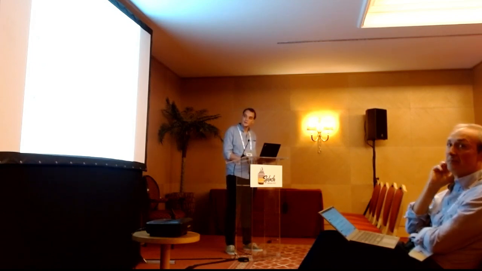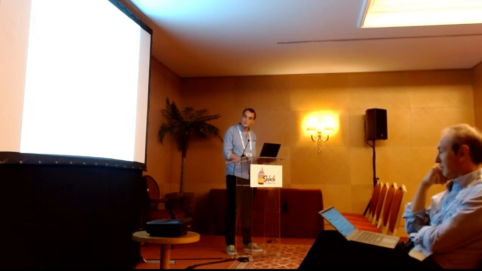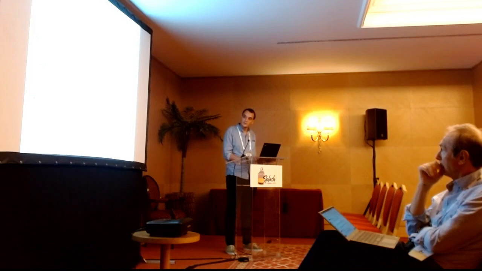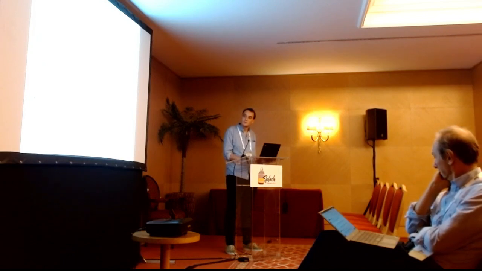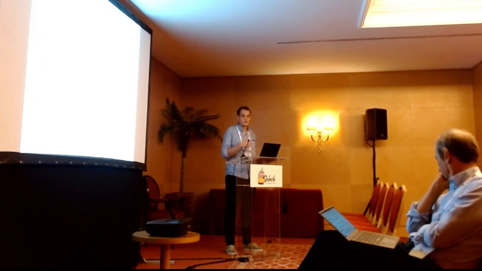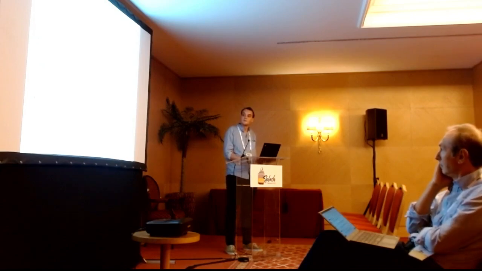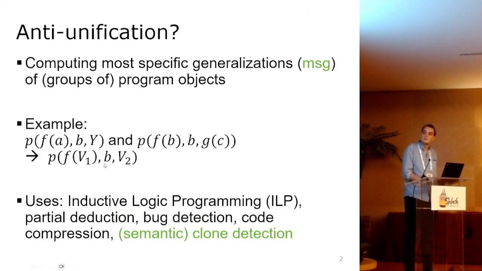This new atom introduces variables, and the variables are what allows it to be more general than both input atoms. For example, here I have an A in the first atom and a B in the second one, so I put a variable to show that there's some part that's different. So the generalization can be seen as a common template for the 2 input atoms.